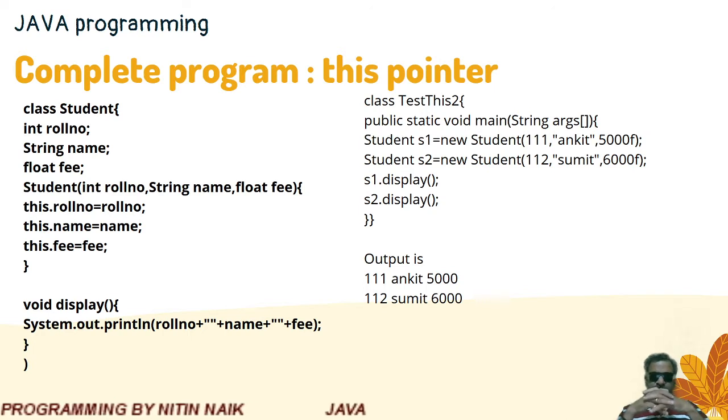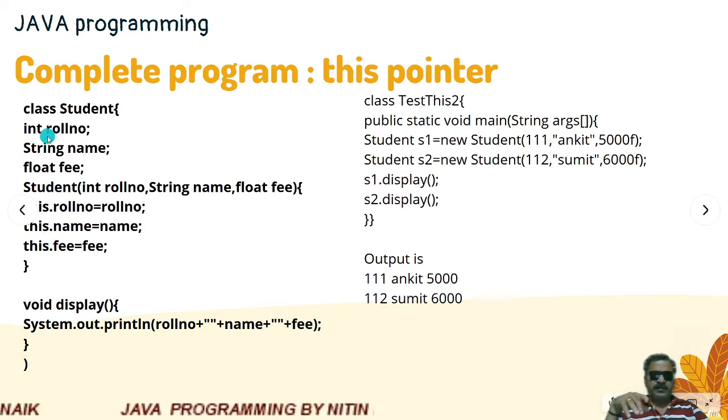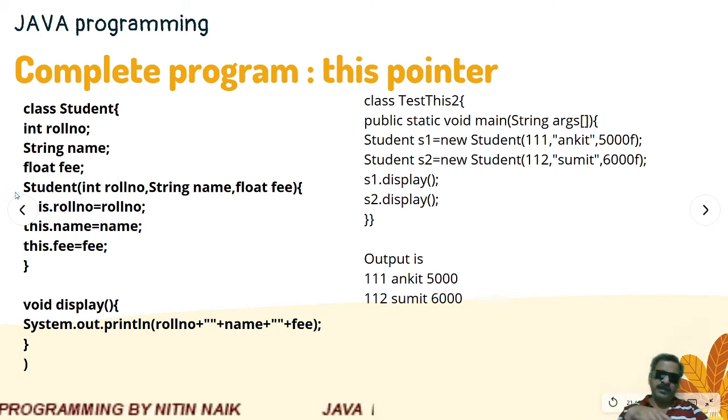Now this is the program by using this pointer. What is this program? Here there is one class declared whose name is Student. Then there are some member variables: roll number, name, fees. This is called a constructor, normally called a parameterized constructor because there is no return type.